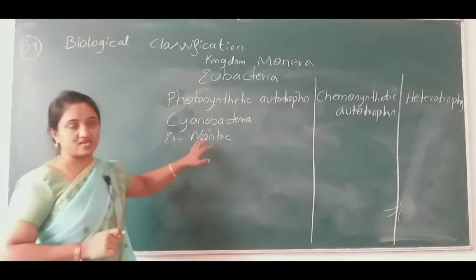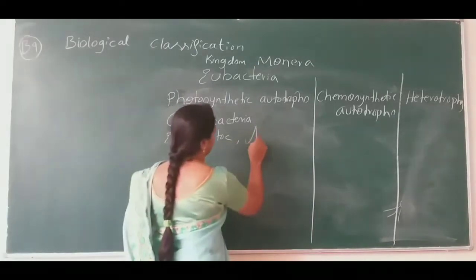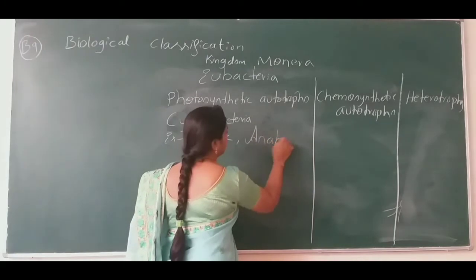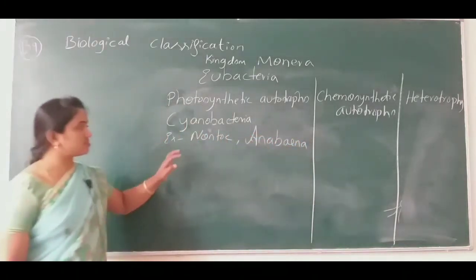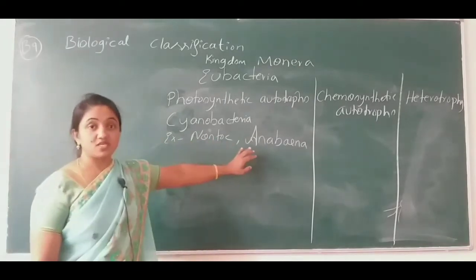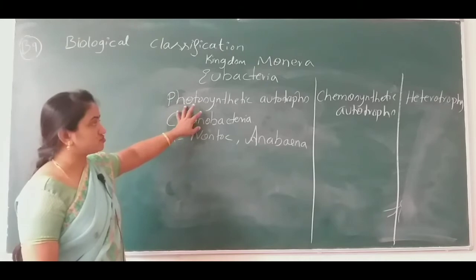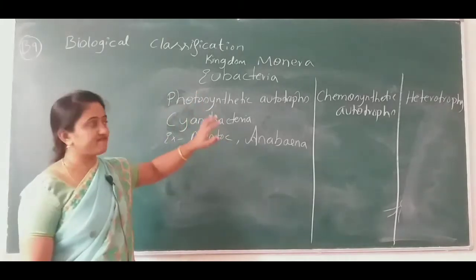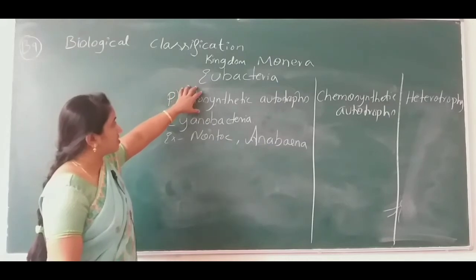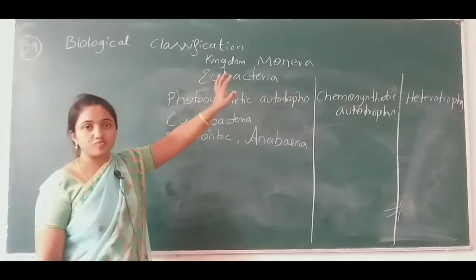It's not Nashta, it's Nostoc. One more is Anabaena. So these two examples, these two bacteria, come under photosynthetic autotrophs, under the true bacteria or Eubacteria.